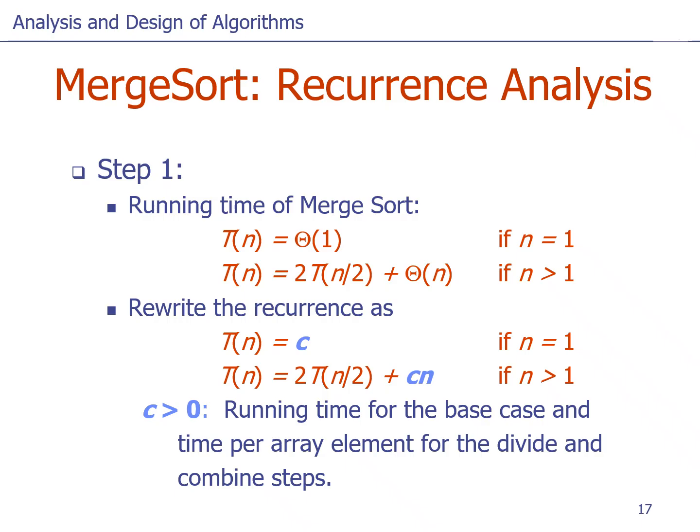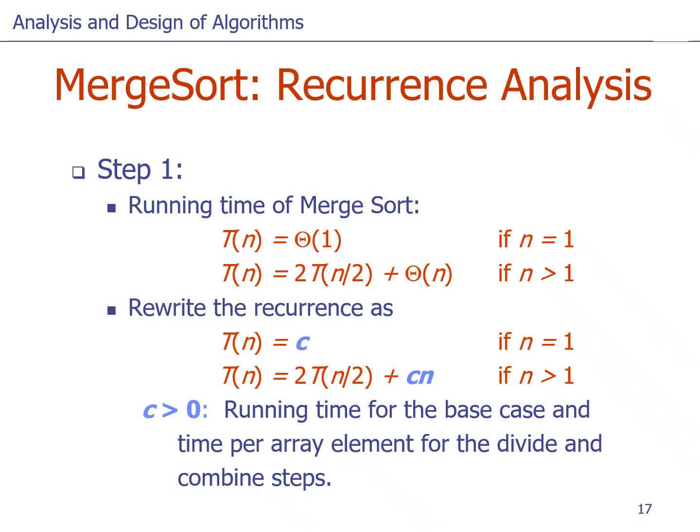So this is what I was just describing. T of n is a constant if n is equal to 1, because when we reach an array of size 1 we do nothing, we just return it. Else I am creating two splits, the L and the R, that's why the 2, and then it is n by 2. I'm dividing the input into two equal parts, n by 2 and n by 2, so I have 2 T of n by 2, and that's what you see here.